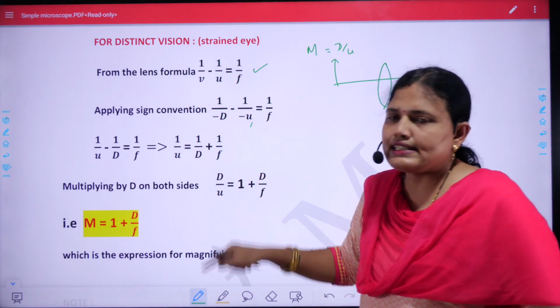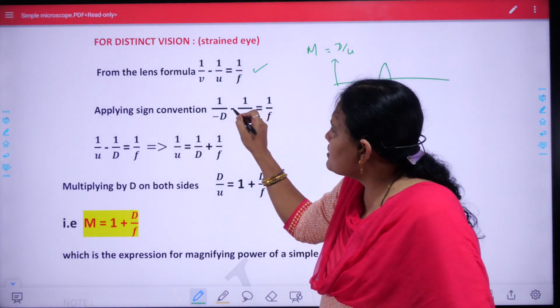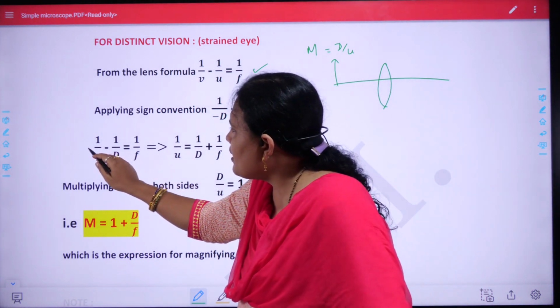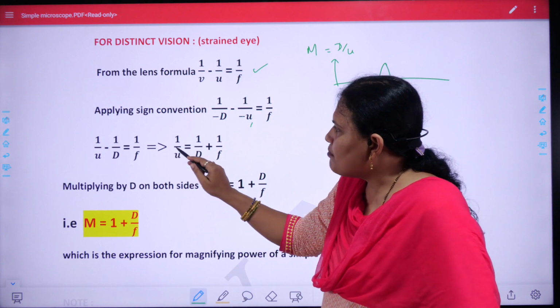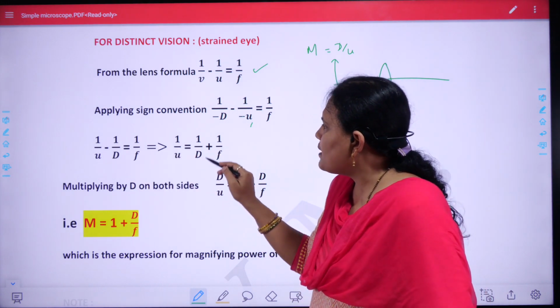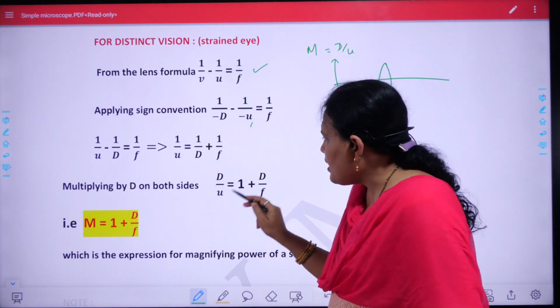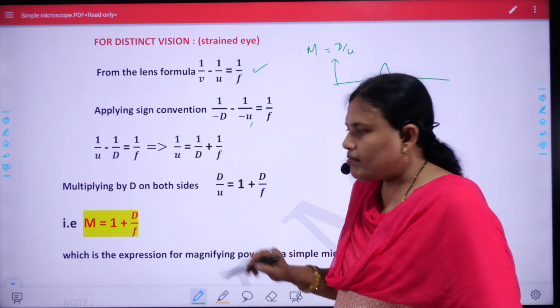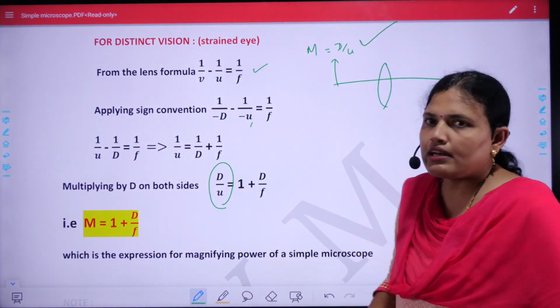And for the convex lens the focal length is positive. So minus and minus gives plus: 1 by u minus 1 by d is 1 by f. That implies 1 by u equal to 1 by d plus 1 by f. Multiply throughout by d: d by u equal to 1 plus d by f. Now what is this d by u? This d by u is nothing but the magnifying power.